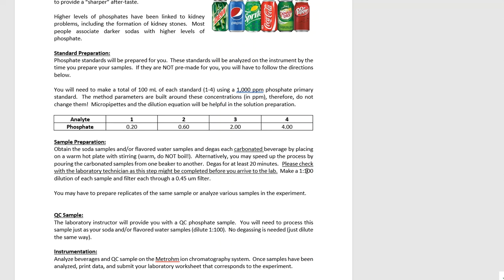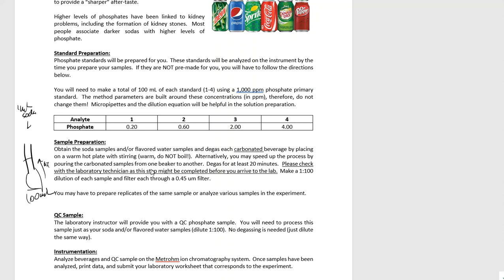And it says make a 1 to 100 dilution of each sample. All right, so basically a 1 to 100 dilution means just that. You're going to take a 100 ml volumetric flask. You're going to put 1 ml of soda into that volumetric flask, and then you add DI up to the line. Make sure that you dilute them very precisely.